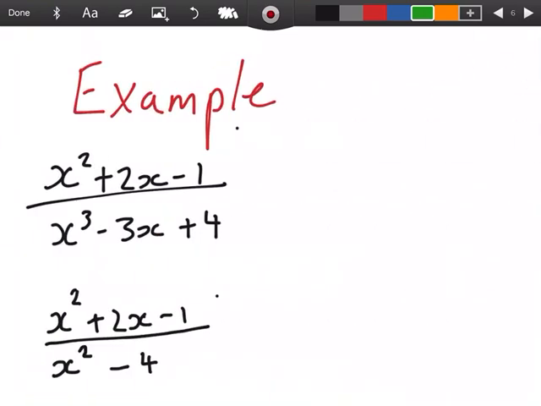So let's take a look at some examples. Here, we've got x squared plus 2x minus 1 divided by x cubed minus 3x plus 4. Is this an improper or proper rational function? Well, we've got a degree of 2 on the top, and we've got a degree of 3 on the bottom.